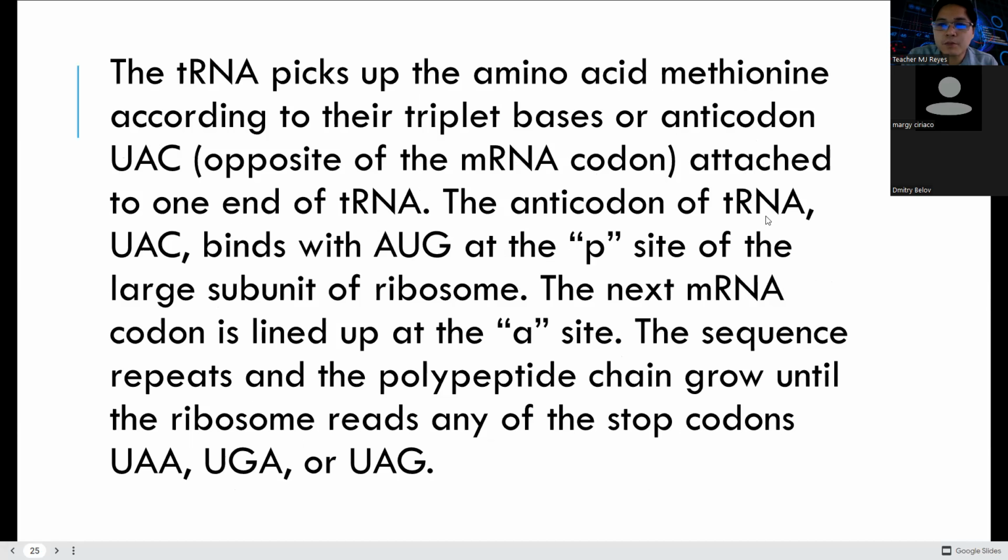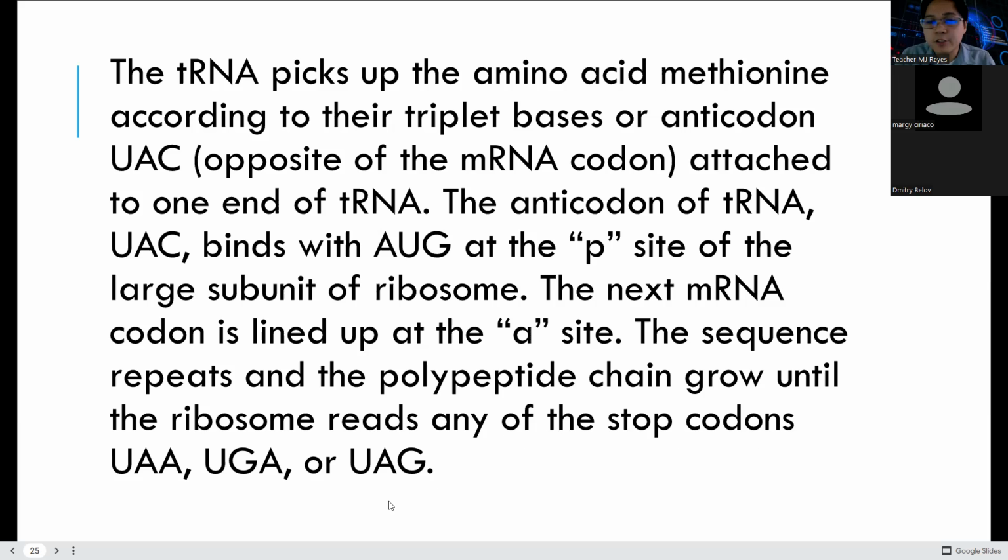Okay, the UAC. This is the opposite of the mRNA codon attached to one end of tRNA. Okay, the anticodon of tRNA, UAC, binds with AUG at the P site of the large subunit of the ribosome. The next mRNA codon is lined up at the A site. Okay, the sequence repeats, building the polypeptide chain until the ribosome reads any of the stop codons. We have stop codons.